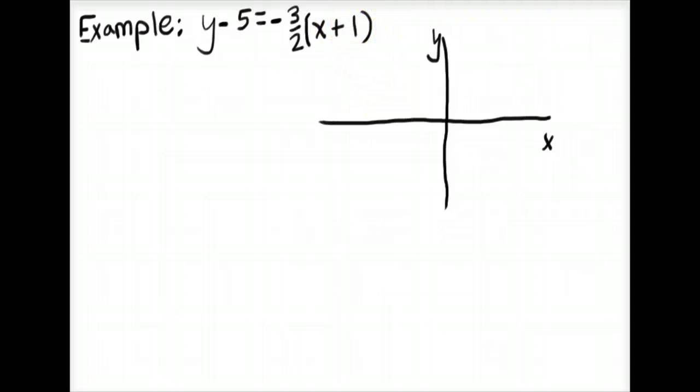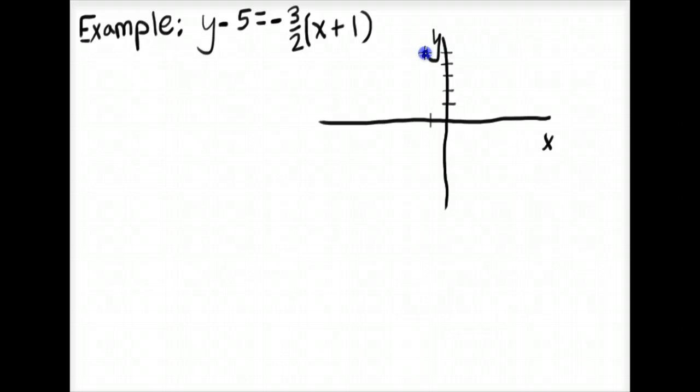Since it was in the form y minus y1 equals m times x minus x1, the point x1, y1 here is going to be negative 1 comma 5, because this is a plus sign, so the negatives cancel. So we go negative 1 and then 5 up: 1, 2, 3, 4, 5. This point will be right here.